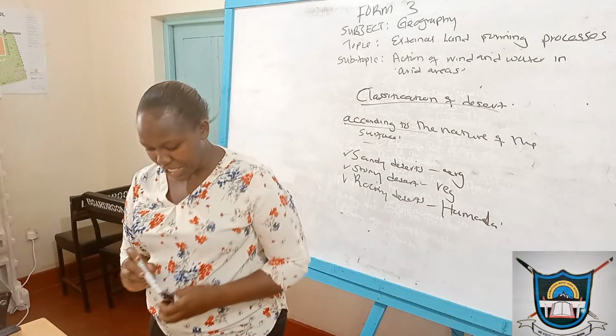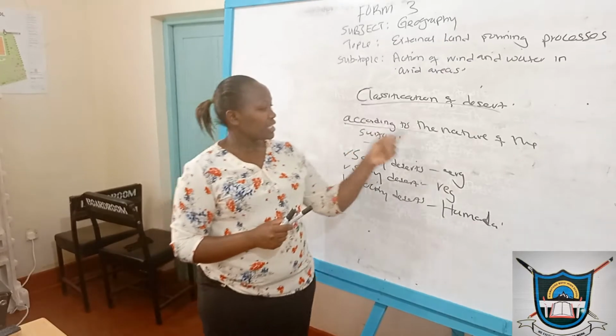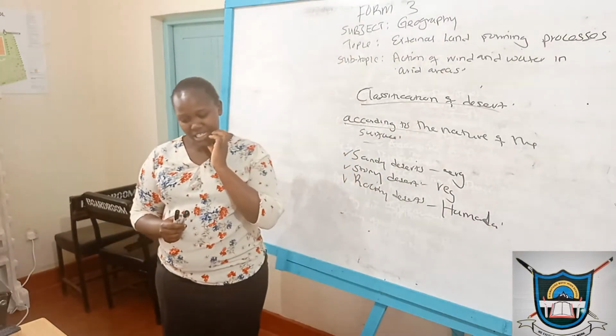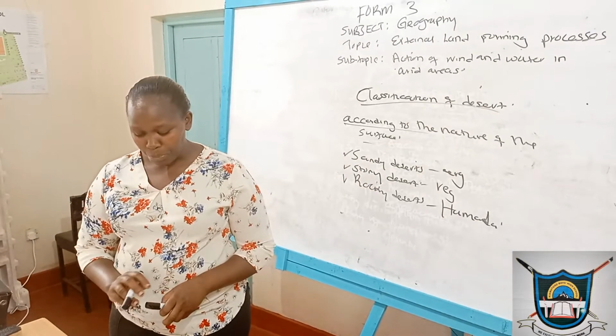So those are the three types of deserts according to the nature of their surface.